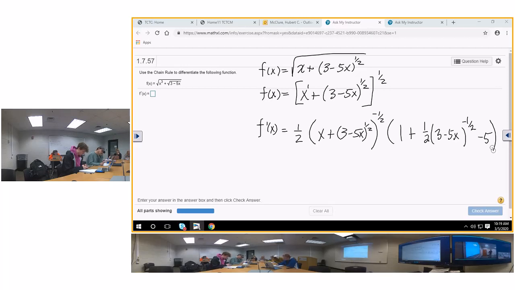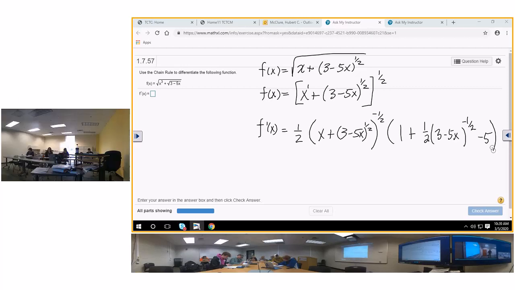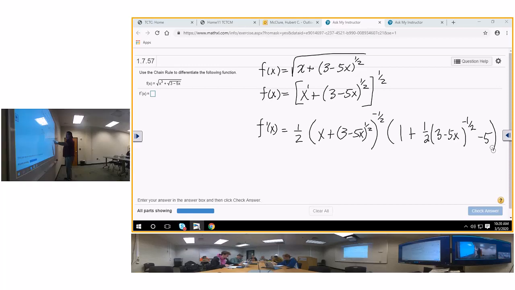And then take the derivative of what's inside. Now, we've just completed the calculus, so all that's left now is what? Algebra. So, looks like we can do something over here, because that negative 5 is going to be that 1/2.